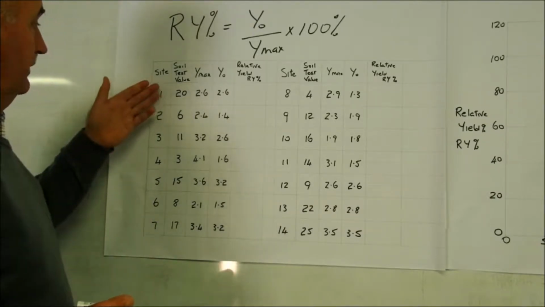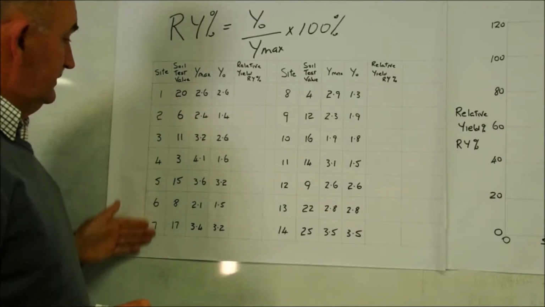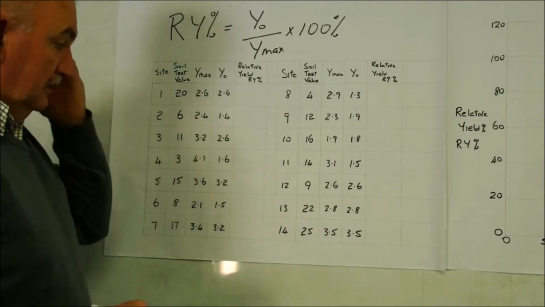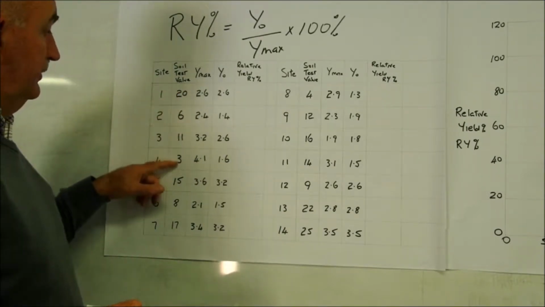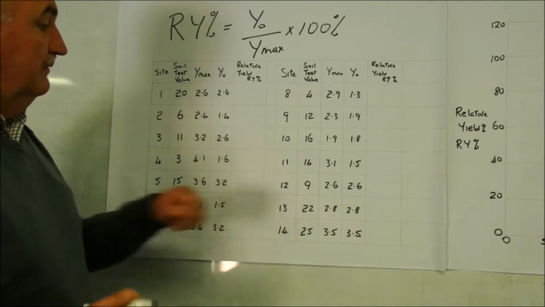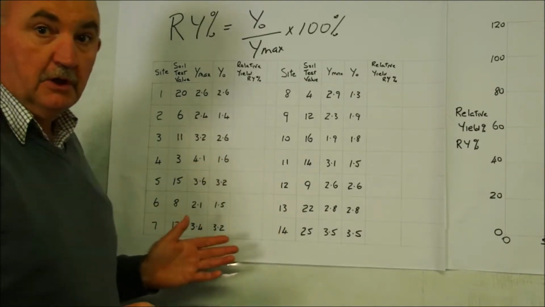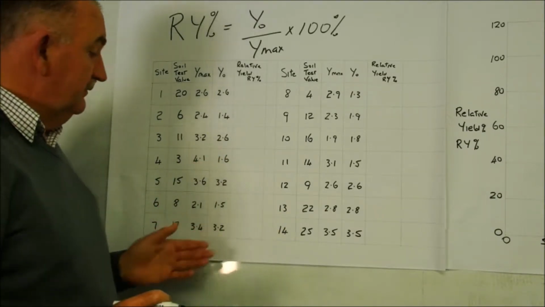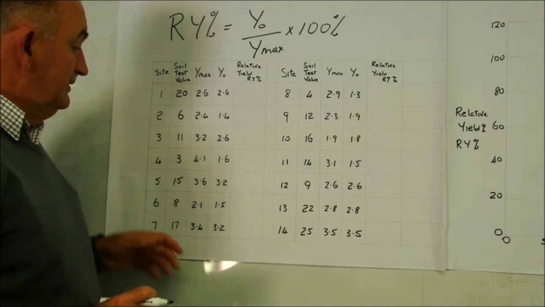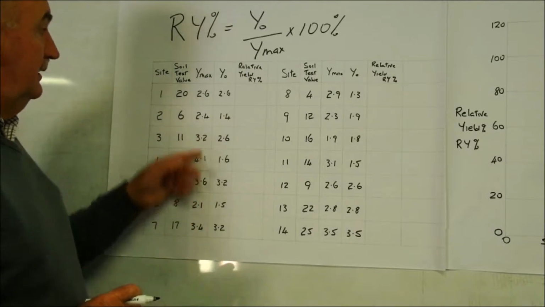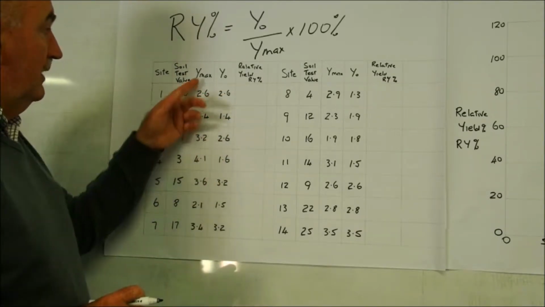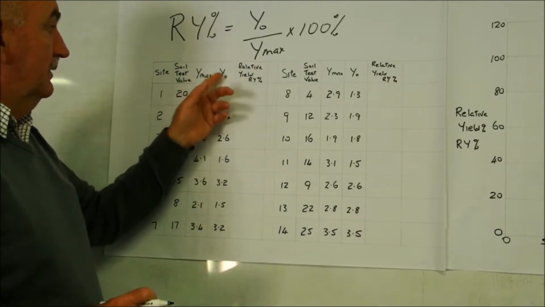Now here we have 14 trial sites, 1 to 7, 8 to 14, with soil test values ranging from 3 to 25. So we might think of this as Colwell P. It doesn't state what it is, but let's think of it as Colwell P. Colwell P is ranging from 3 to 25. Then we've got our maximum yields in tonnes per hectare and our minimum yields, our Y maximums and our Y zeros, okay?